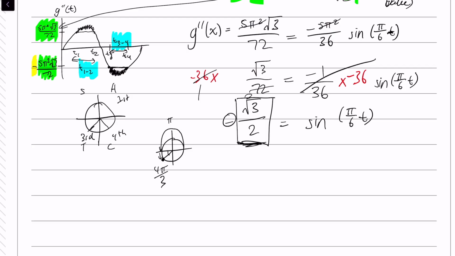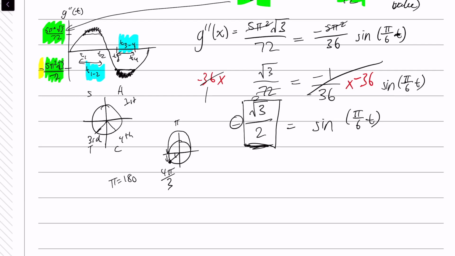Okay, and if radians or pi doesn't necessarily work for you, try and work with degrees first. So I know that pi is equal to 180, and I know a half revolution is 180 degrees.